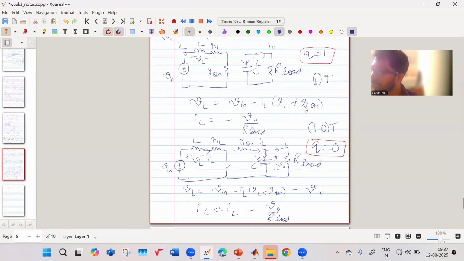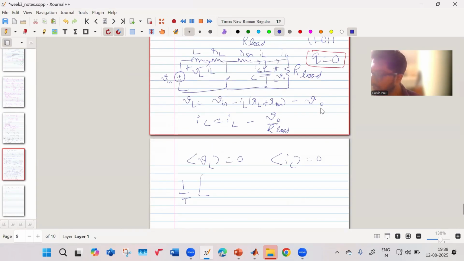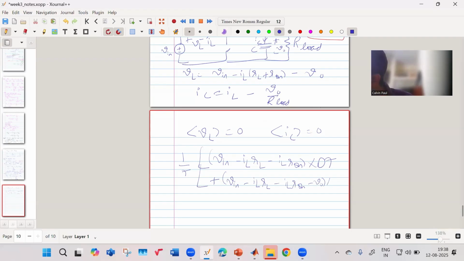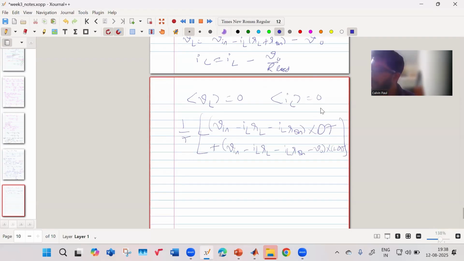This is Vin minus IL into (RL plus R-on), that is Vin minus IL RL minus IL R-on, into DT, plus Vin minus IL RL minus IL R-on minus V output, into (1 minus D) into T. This average VL is 0.